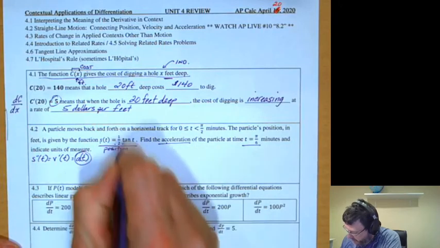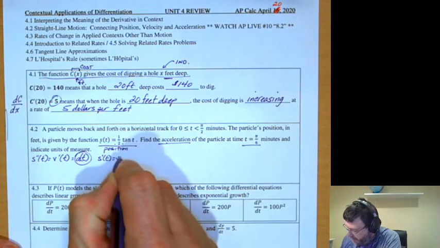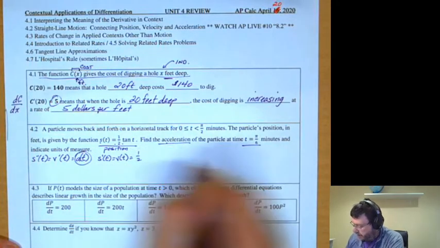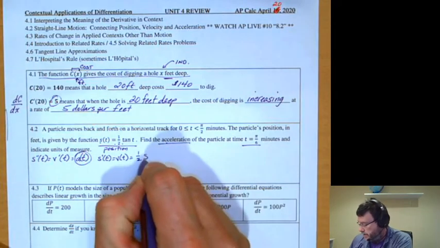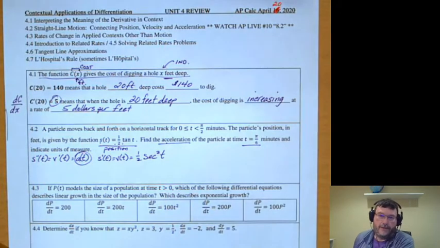So I need the derivative of s of t. So s prime of t is going to equal the velocity v of t. This 1/2 hangs out. I need the derivative of tangent t, which is one of those trigonometry derivatives you should know: tangent t has a derivative of secant squared t.